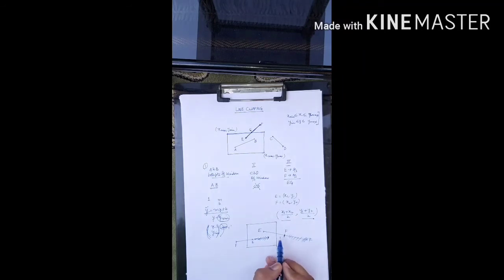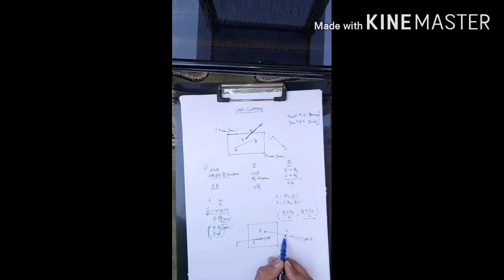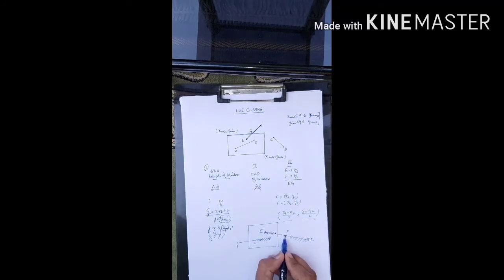Now you repeat. You have the shortened half of the earlier line. You repeat the same procedure with these two extreme points. You take the midpoint. If it is inside, then you reject this point and the line is further shortened. If you take the midpoint of this line and it is outside, then you reject the outside point.